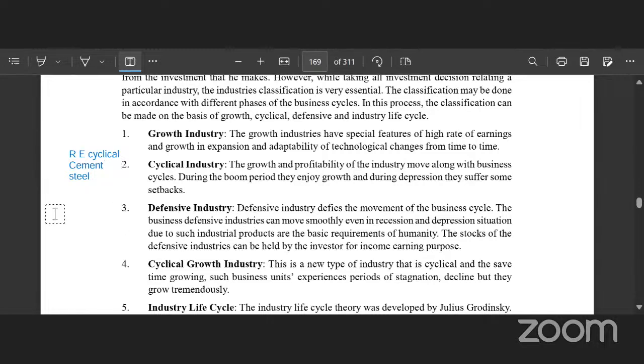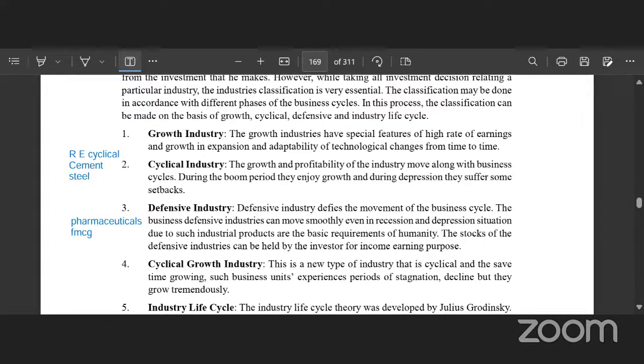Then there is the defensive industry. If you take pharmaceuticals and maybe FMCG, such types of industries fall under the defensive industry. Whatever may happen to the business cycle, nothing much happens to the industries which fall under defensive.